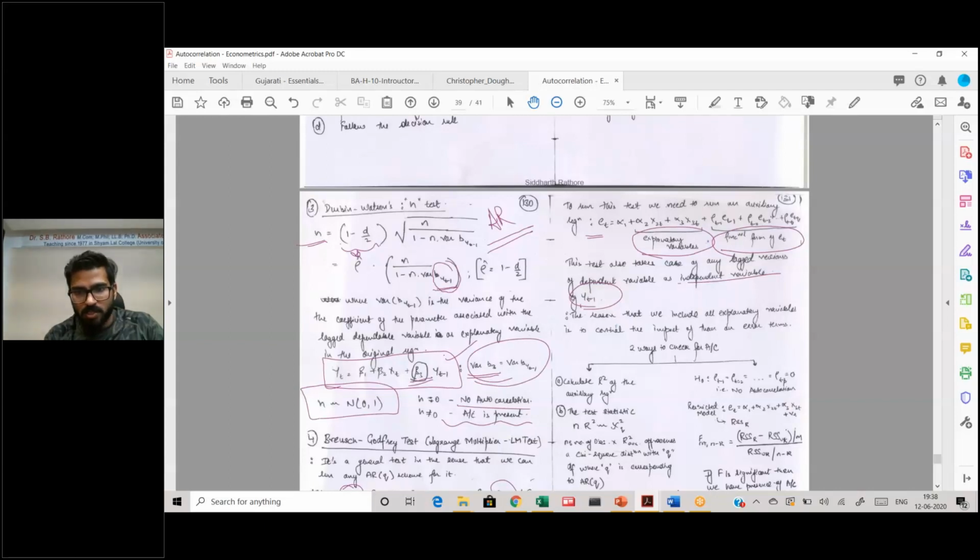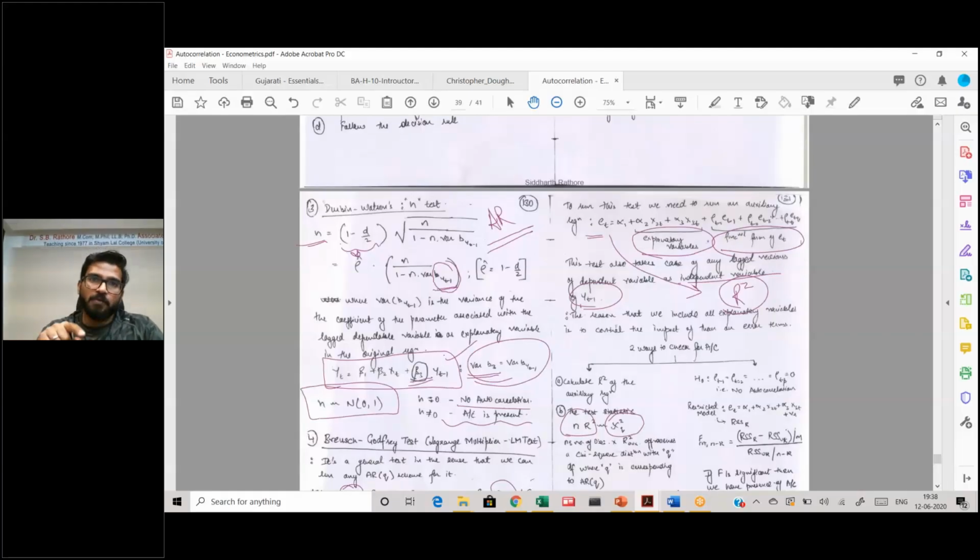Now, what you do is you calculate the R square of this particular auxiliary regression, and as in case of the White test, n into R square is going to approach a chi-square distribution with q degrees of freedom, where q is the AR(q), how many previous terms are included.